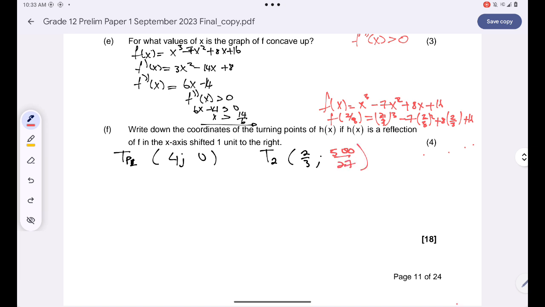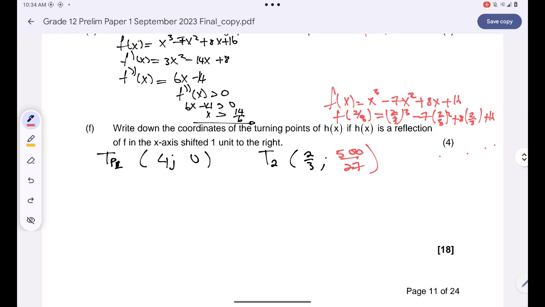The first thing that happened, guys, for us to find the graph of h, is that they have reflected the graph of f on the x-axis. That's number 1. And then secondly, they have shifted the graph 1 unit to the right. So what will happen over here to find the new turning point?